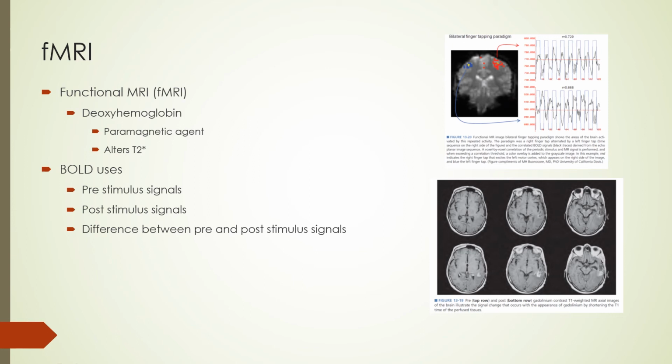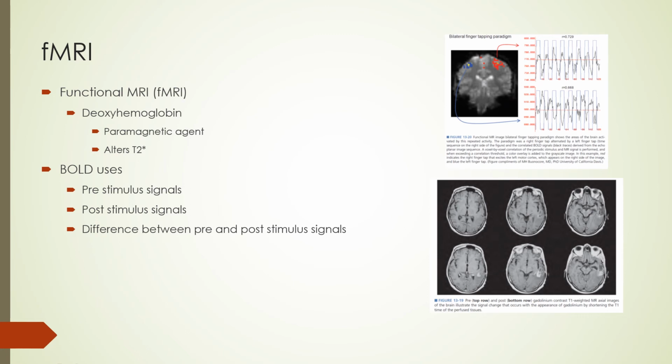Acquisition techniques that depend on blood oxygen levels, like the blood oxygen level dependent sequence, are used for functional MRI imaging. BOLD sequences produce multiple T2 star weighted images of the head before the application of the stimulus. The patient is then subjected to a stimulus and multiple blood oxygen level dependent images are acquired.